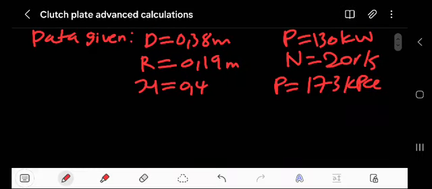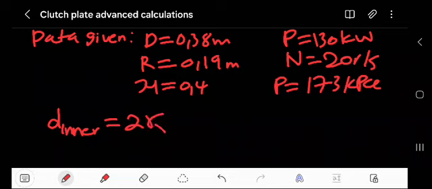Remember, the aim is to calculate what? The inner diameter, right? The inner diameter is equal to 2 multiplied by inner radius.